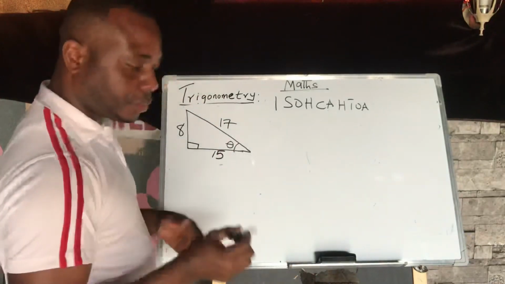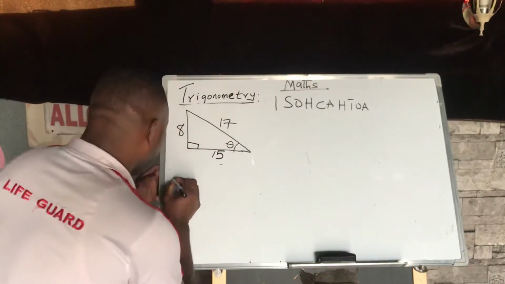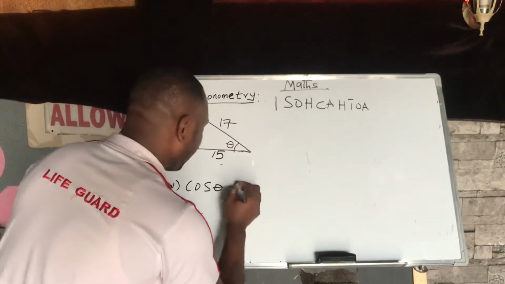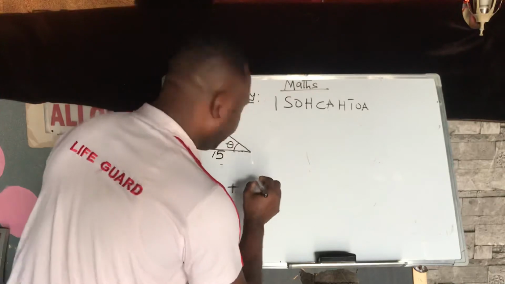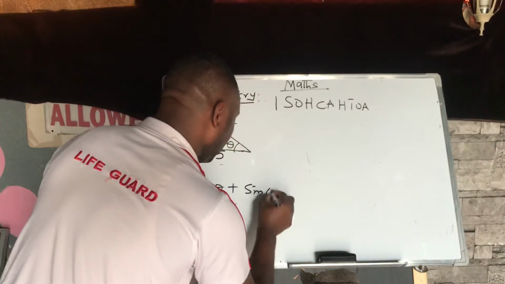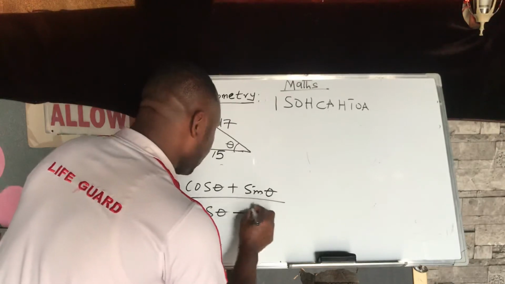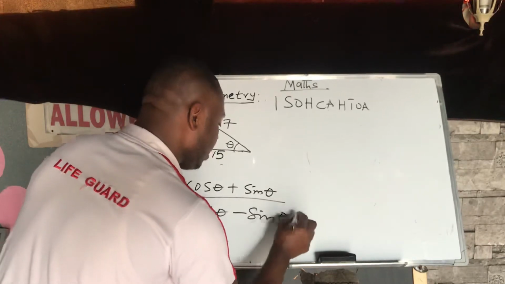So now, the last question is: find cos theta plus sin theta, all over cos theta minus sin theta. This is the last question.